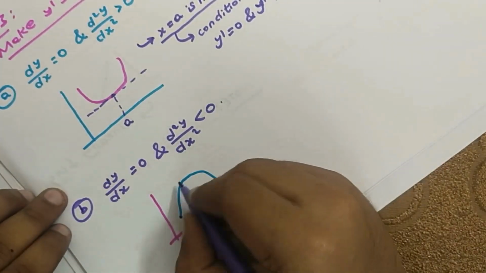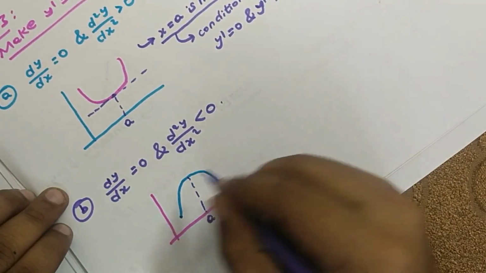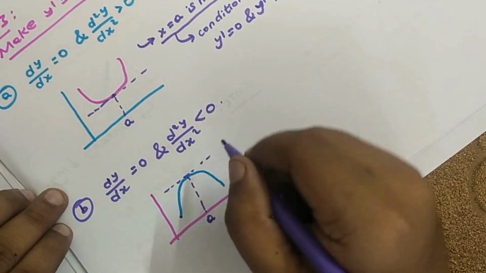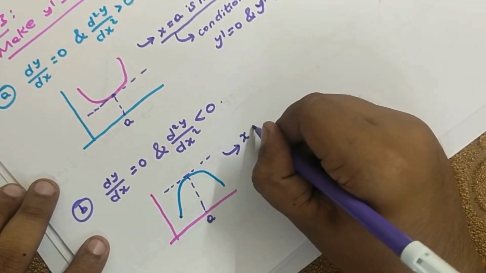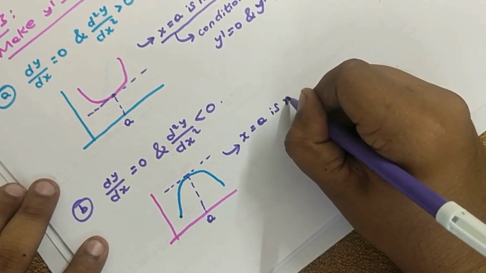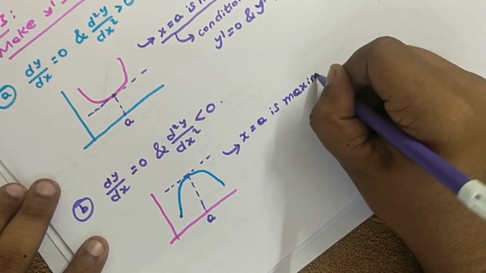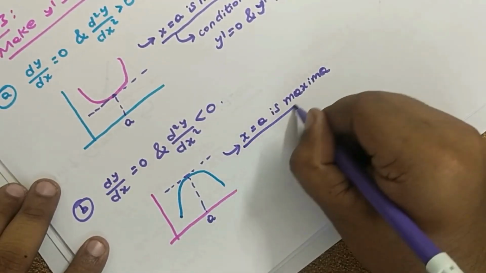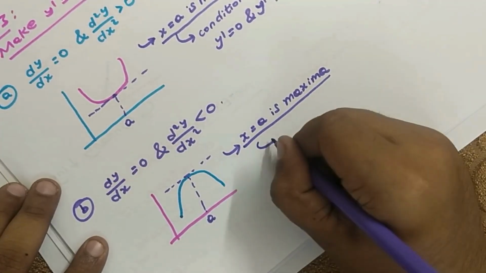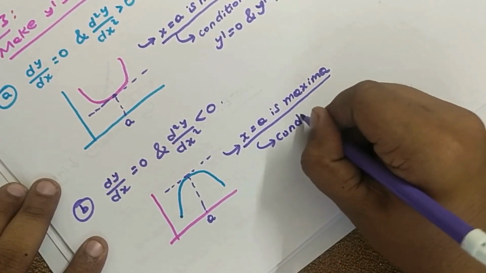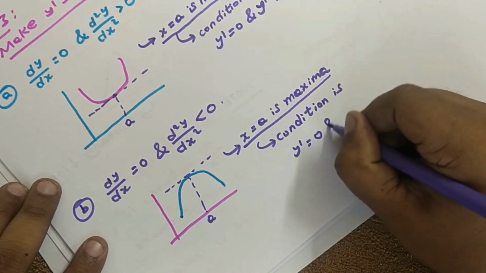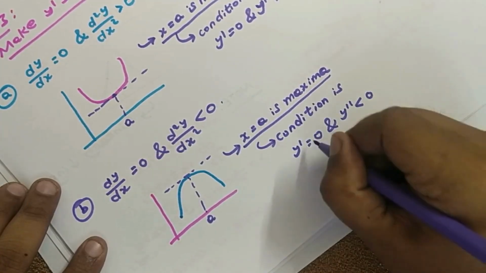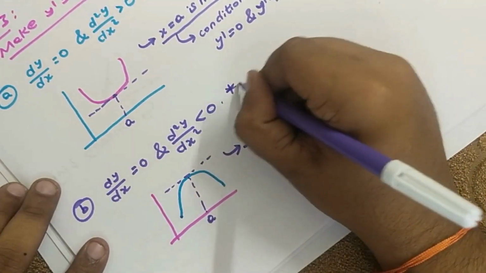If we consider this point as A, at point A our slope is 0 and the change in slope is less than 0. So x is equal to A is now the maxima point, right? From the graph it is maximum, and the condition for this is y dash is equal to 0 and y double dash less than 0. So this is also a very important case.